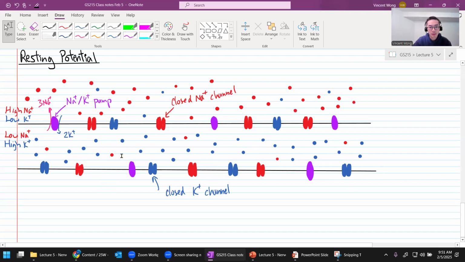The blue are like potassium. They want to leave, but they can't because their channels, their doors, are closed. And at the moment, we're going to draw this again. We have negative on the inside and positive on the outside.